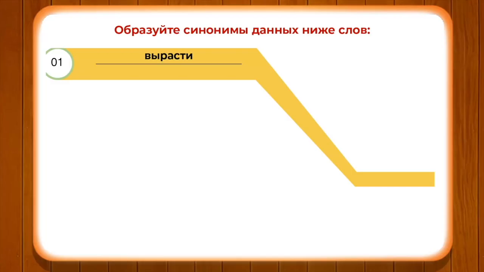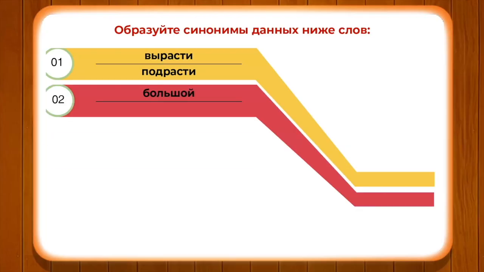Вырасти, you know, is to grow up, and the synonym is подрасти. Yes. Next word is большой. Большой is big, and the synonym is немалый. That means bigger or big.